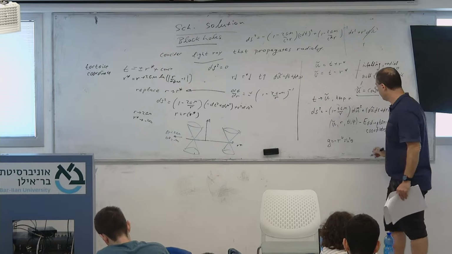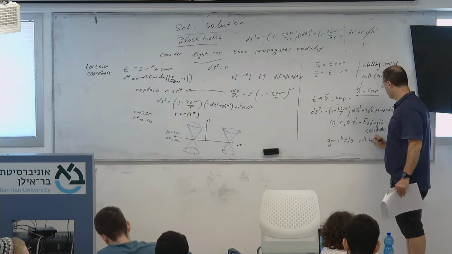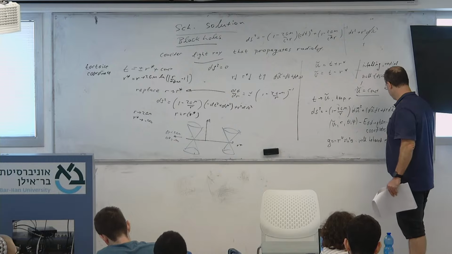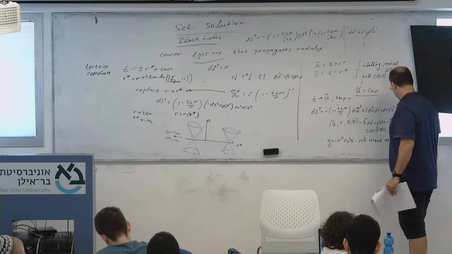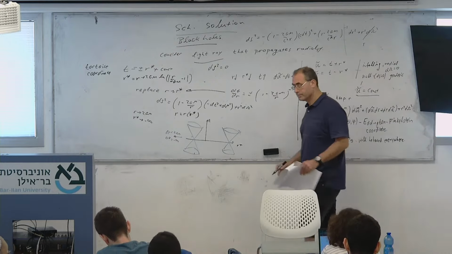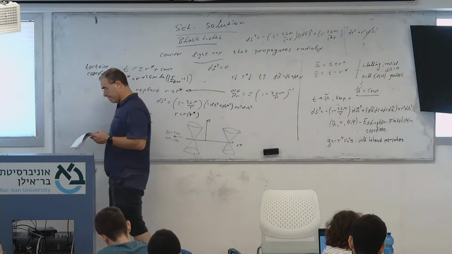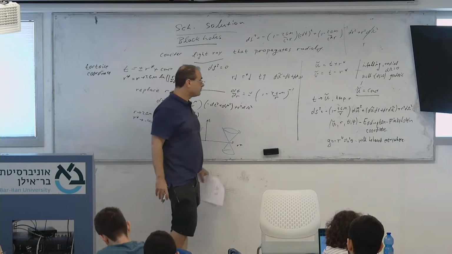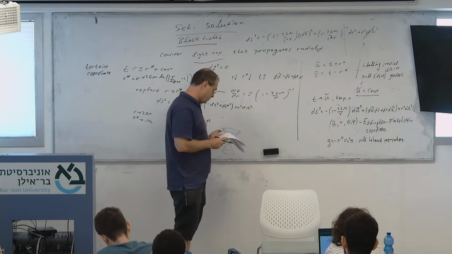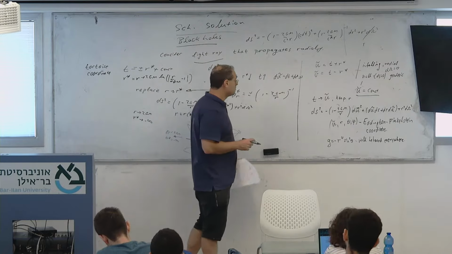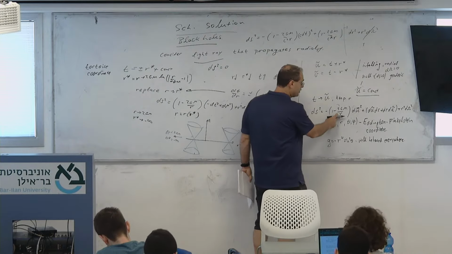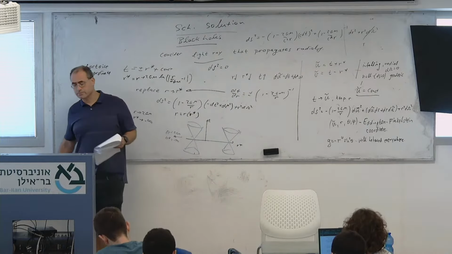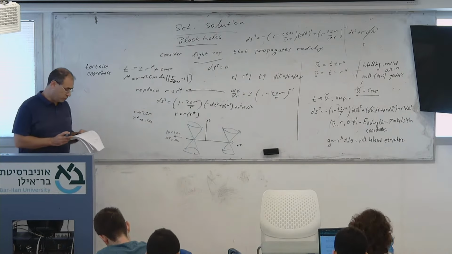Very well behaved everywhere, which means it's invertible, and simply when r is equal to 0, we just have a singularity of the spherical coordinates.